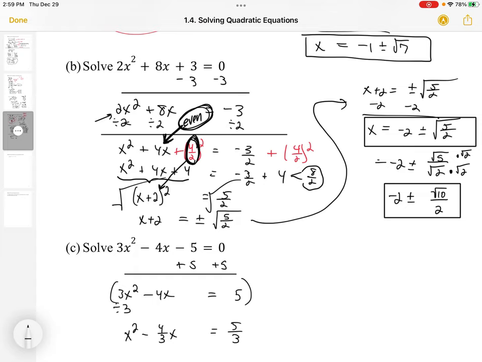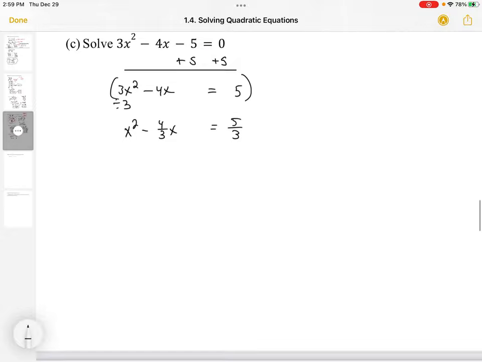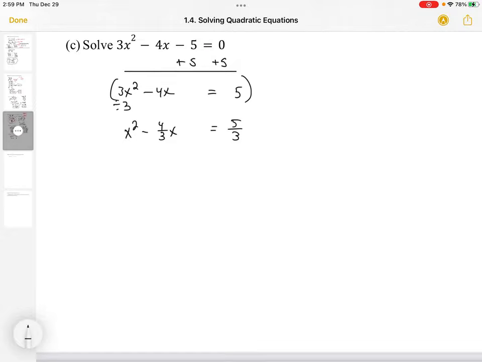Completing the square is still relatively easy. Here, in this case, we have a coefficient of x squared that's not 1, and once we get rid of that coefficient of 3, our middle term is quite hideous. It's not only not even, it's a fraction. So now the next step, you're going to see why this is not the method of choice.